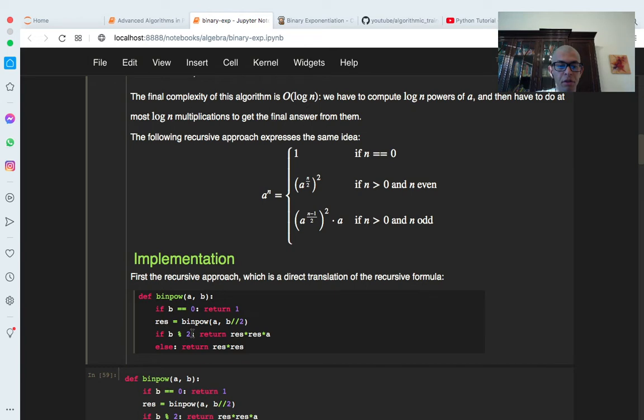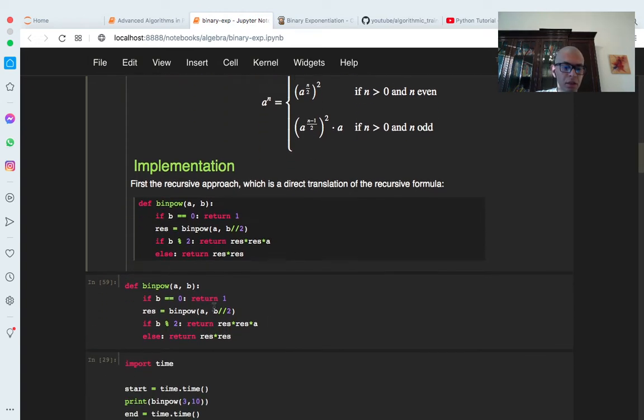And the same goes for this one. If b is odd, b modulo 2 will be 1, and this will be evaluated to true, and it will give us the result times the same result, since we have the result from the binary power, and it will be times a. So this is our result.